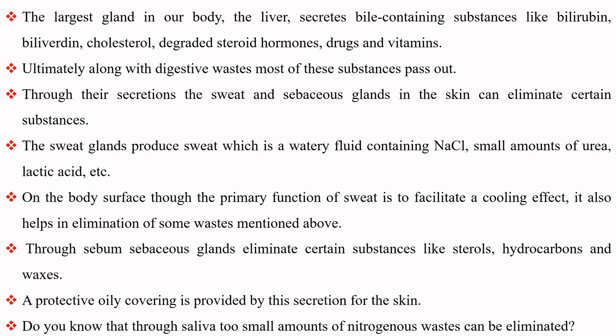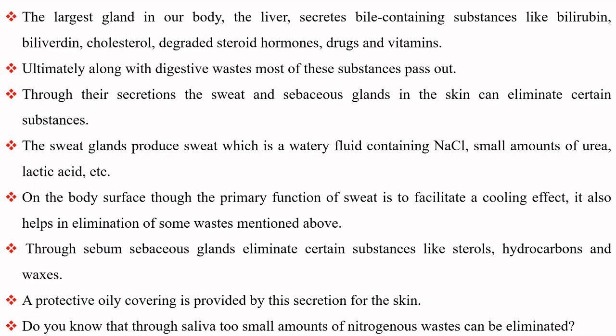Through their secretions, the sweat and sebaceous glands in the skin can eliminate certain substances. The sweat glands produce sweat, which is a watery fluid containing sodium chloride, small amounts of urea, lactic acid, etc. On the body surface, the primary function of sweat is to facilitate the cooling effect.